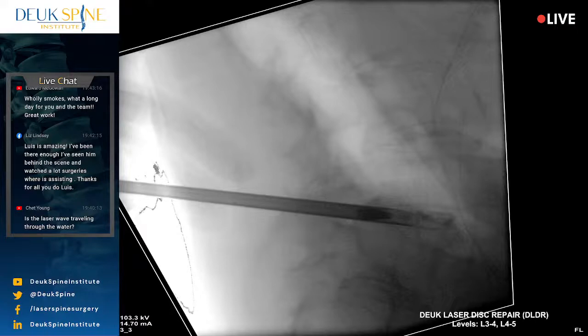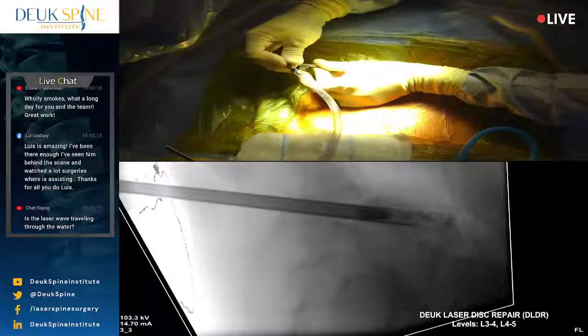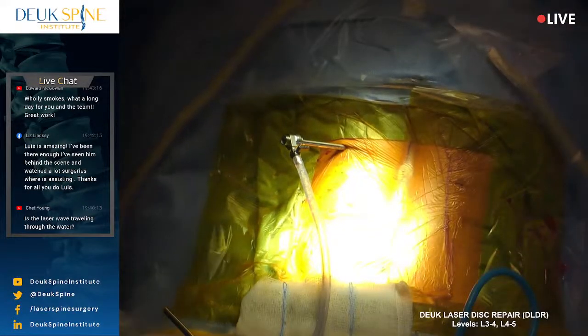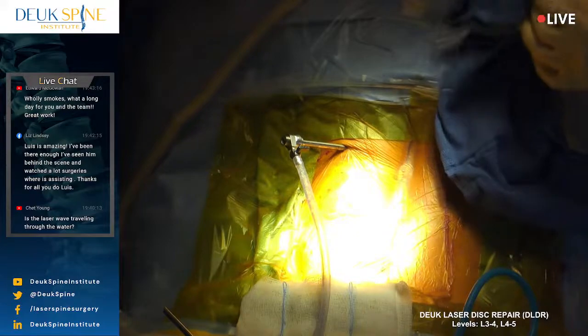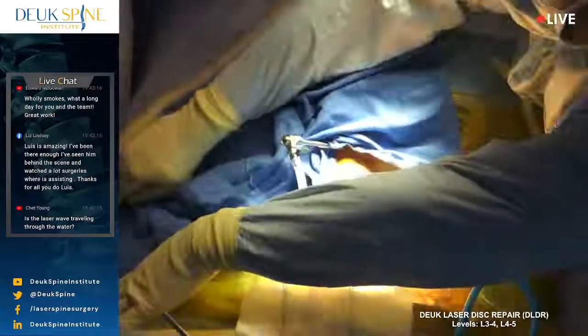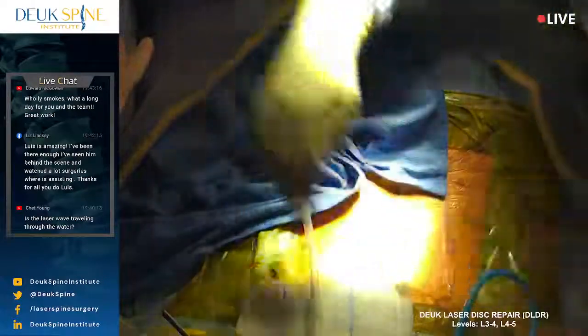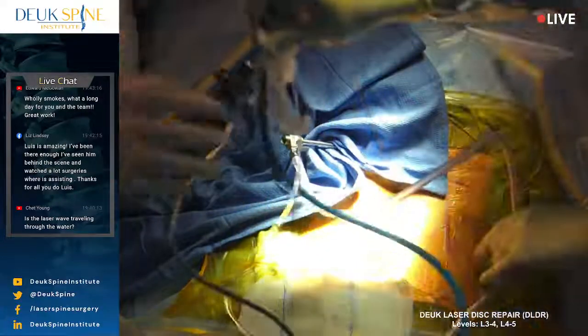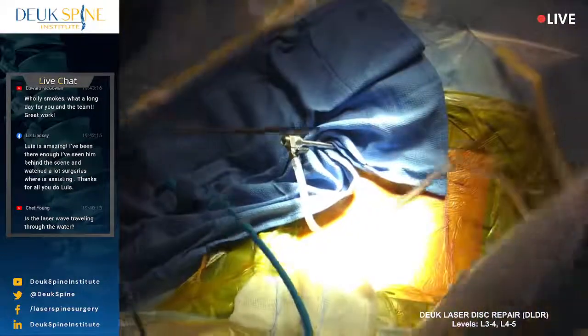Very, very good observation. And of course the laser is going to heat up the tissues. So the water is cold. We use cold water, cold irrigation. It's not water, I say water, it's saline. It's physiological saline. So it's basically the same as the chemical composition of blood minus the red blood cells, white blood cells, etc. But it's got the electrolytes.